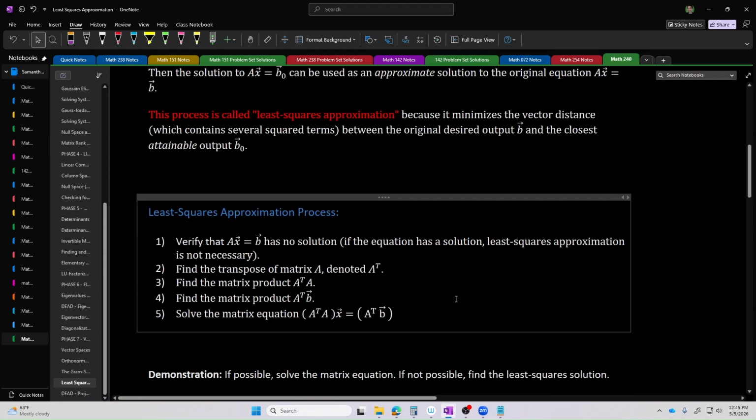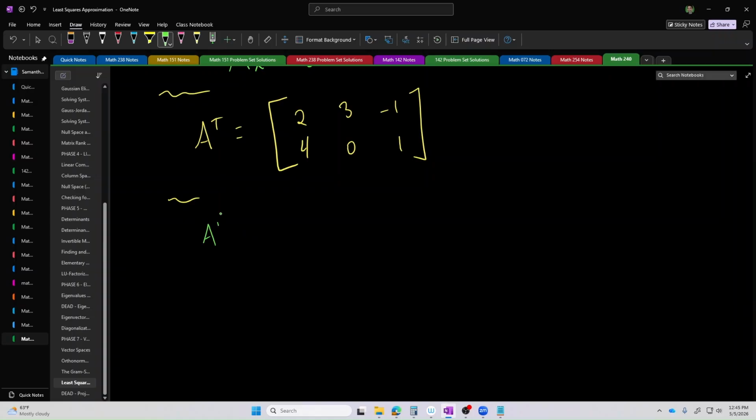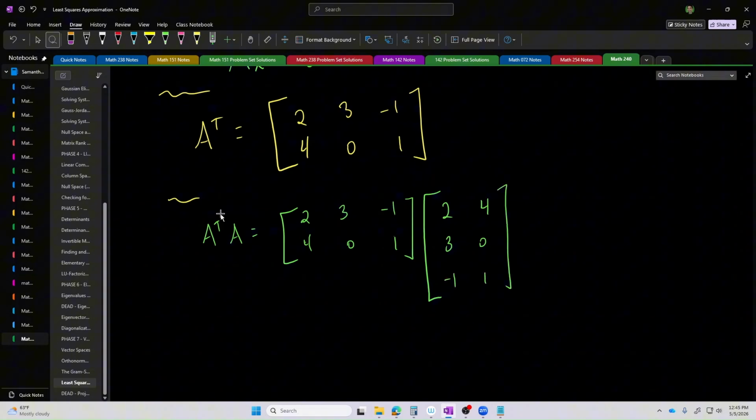The first thing I'm going to do with A transpose is I'm going to calculate the product A transpose times the original matrix A. So I'm going to take the matrix A transpose that we just found, and I'm going to multiply it by the original matrix A, row 2, 4, row 3, 0, row -1, 1.